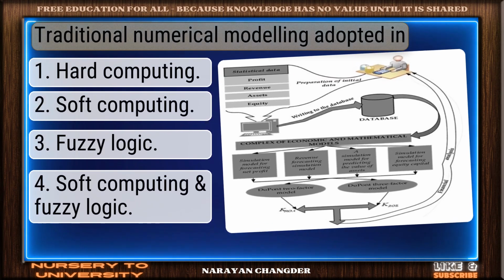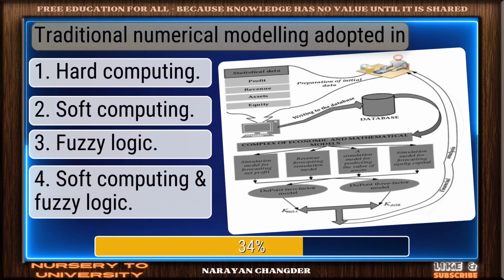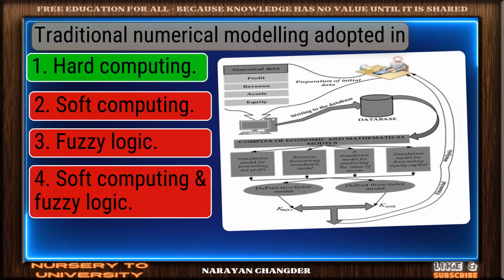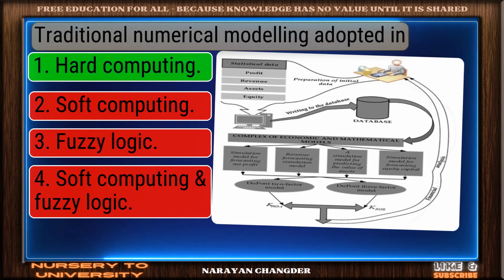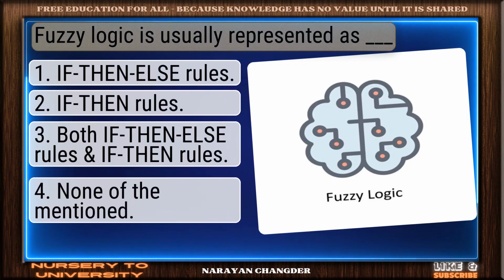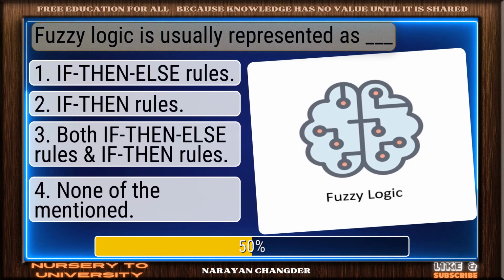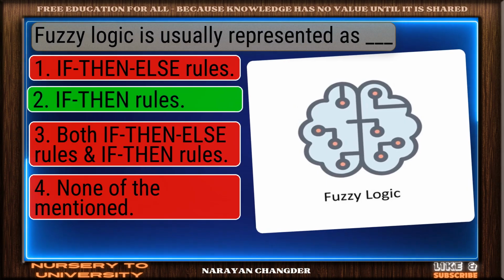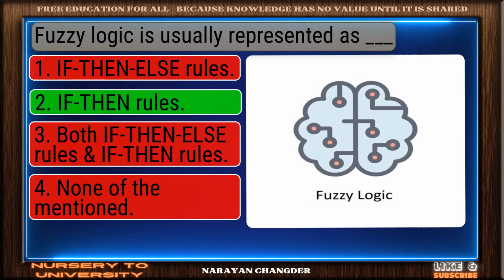Question number 34. Traditional numerical modeling adopted in. Right choice. Hard computing is the best answer. Question number 35. Fuzzy logic is usually represented as dash. Strong choice. If then rules is the right answer.